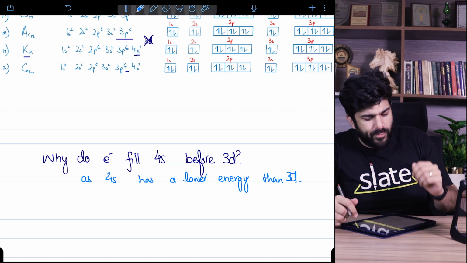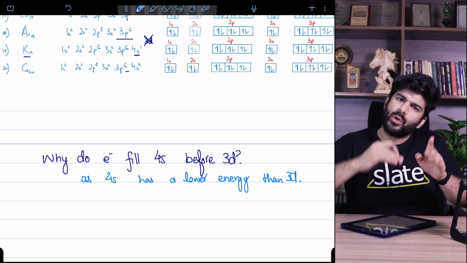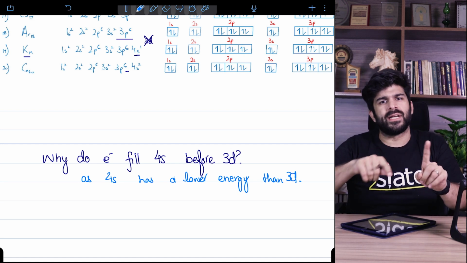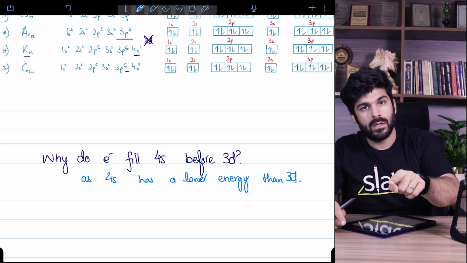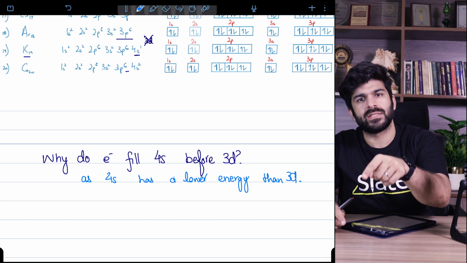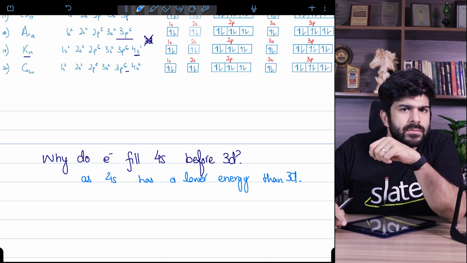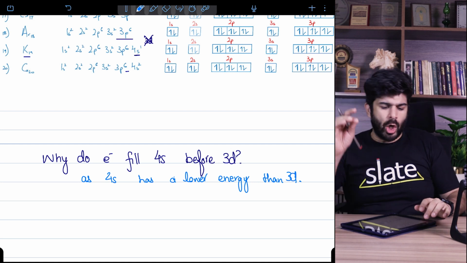But how do we memorize the order? It would not be possible for you to remember that after 4s it is going to be 3d, after 3d it would be 4p, and after 4p it would be 5s. How to remember that? There is a shortcut method.